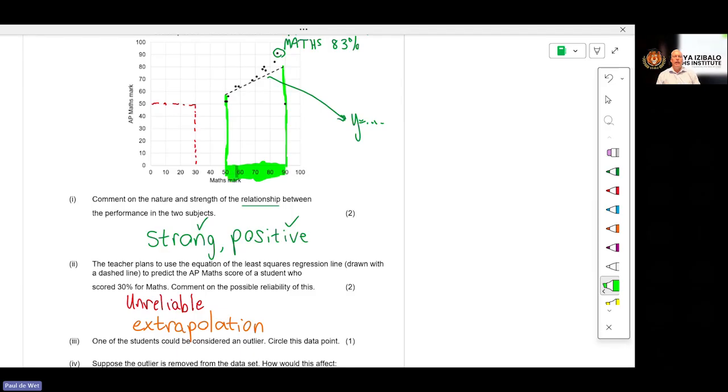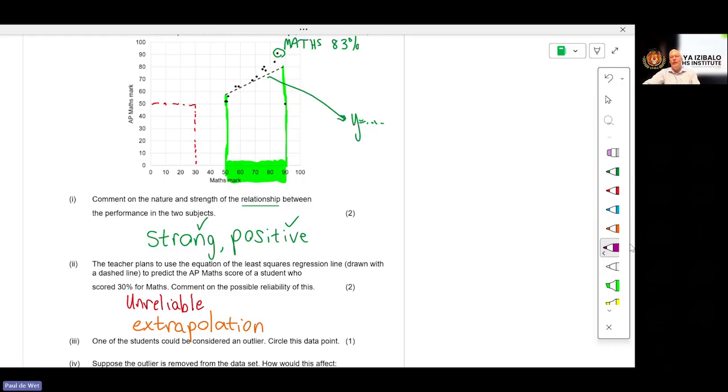The word extra in English actually means outside. So when you say something's extraordinary, it's outside of the ordinary. Now, we don't know that this line is going to carry on for other data. We haven't got data to support that.